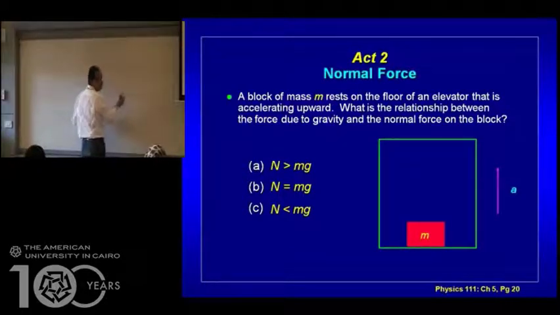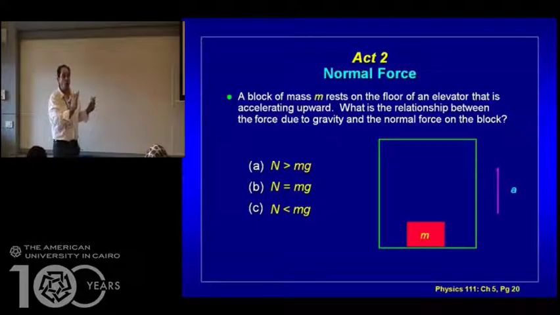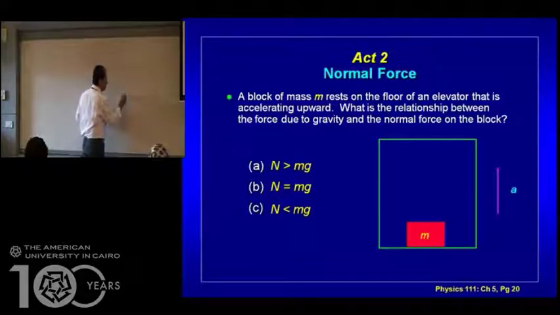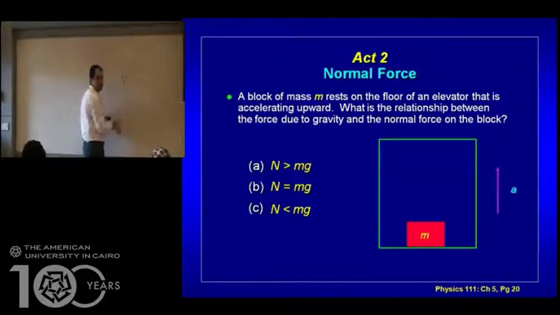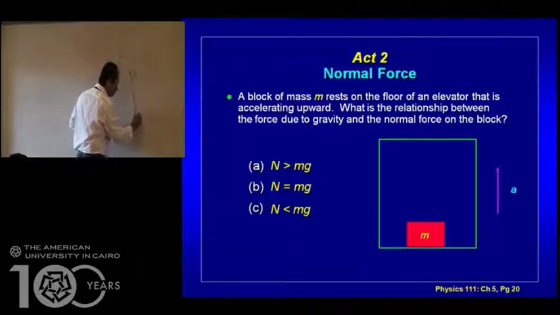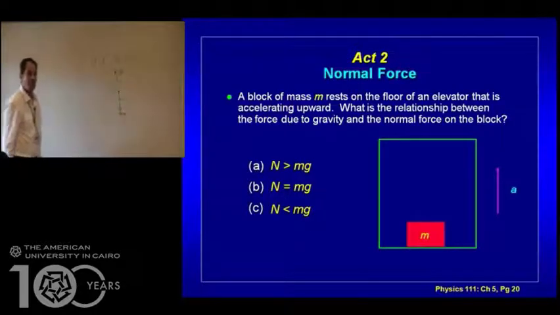Since we're talking about the object, I should draw only the object. What are the forces acting on the object? N and mg. Perfect. There are no forces along the x-axis. So those are the forces acting on the object.